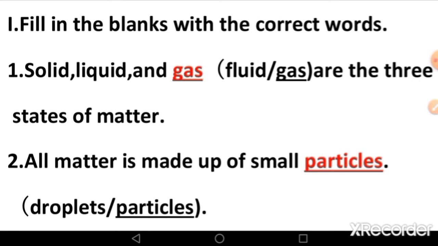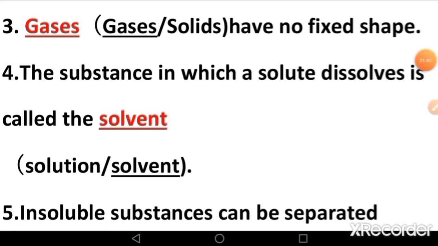Like in solid, particles are packed very close to each other. In liquids, the particles are not very closely packed, and in gases, particles are very loosely packed. Third fill in the blank. Dash have no fixed shape. Options are gases and solids.